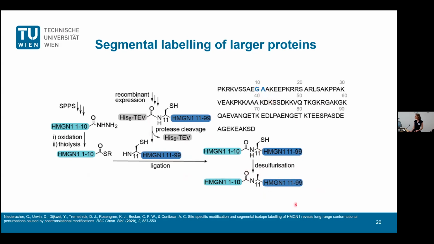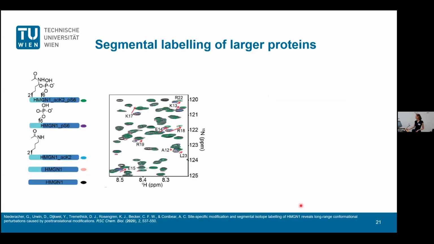And so then we had the full-length native HMGN1 sequence with site-specific modifications, either nothing, the lysine acetylation, the serine phosphorylation, or both, and compared these in the NMR spectra to see if these modifications are making any difference to the conformational populations.